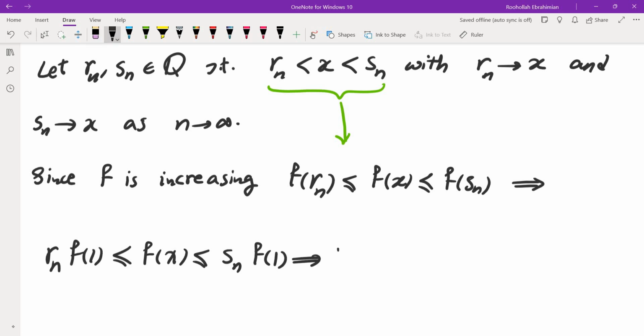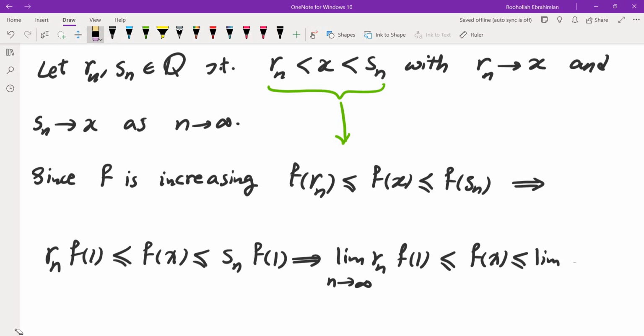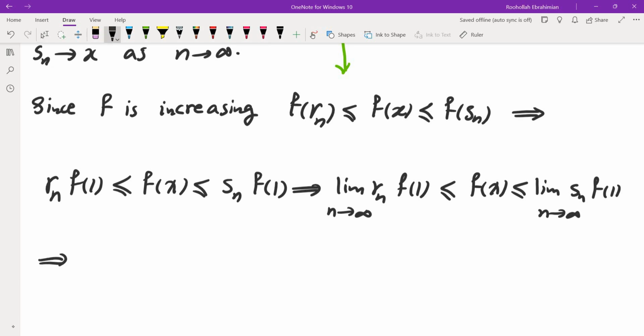If we take the limit, we get the limit of Rn f of 1 as n approaches infinity is less than or equal to f of x less than or equal to the limit of Sn f of 1 as n approaches infinity. However, if n approaches infinity, Rn approaches x, so the left side becomes x f of 1 less than or equal to f of x, and the right side is also x f of 1 because Sn also approaches x, and that's exactly what we wanted.